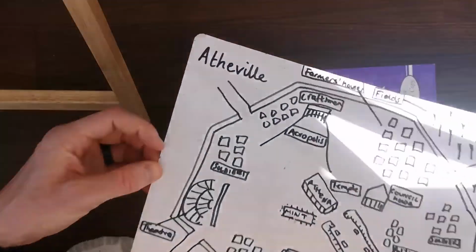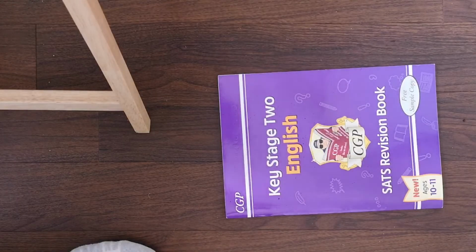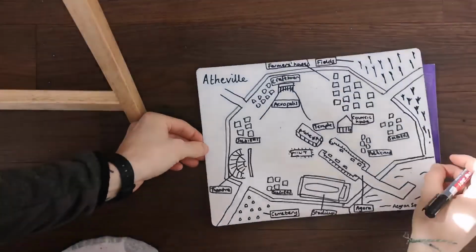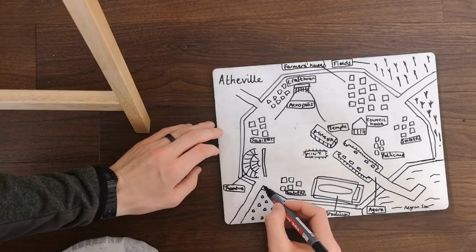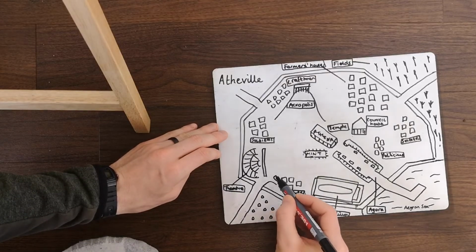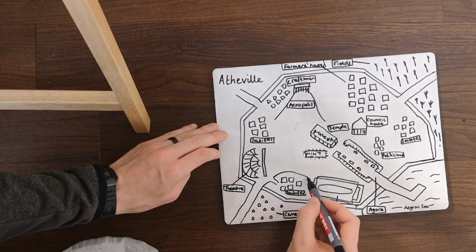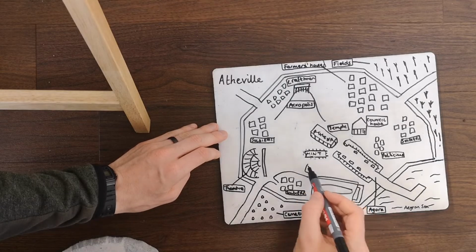Just check if we've got everything. My list is on the back. Yes. I've got everything I need. And then if I wanted to, I could start putting some roads to different places.